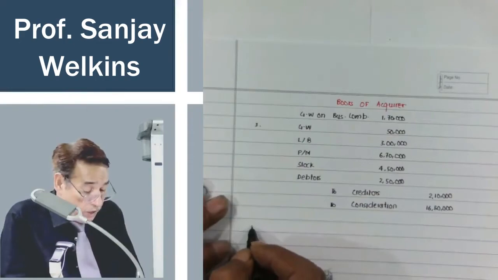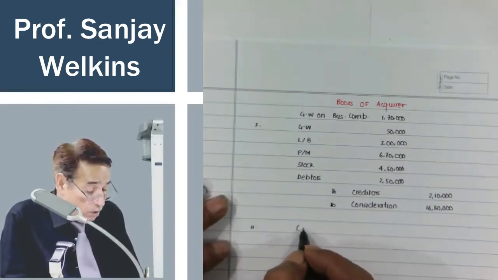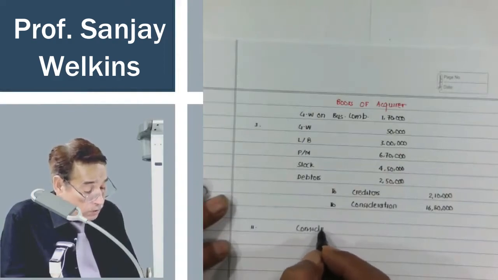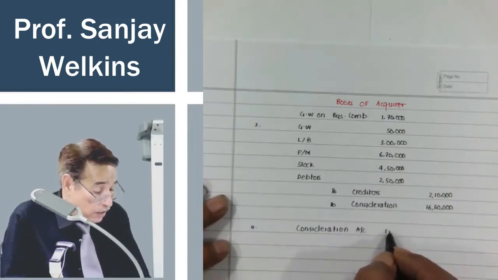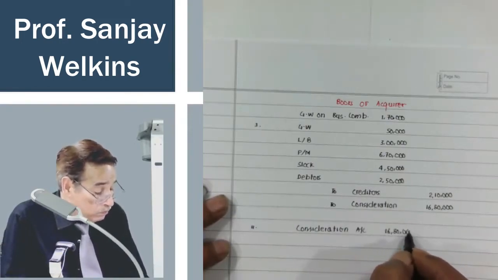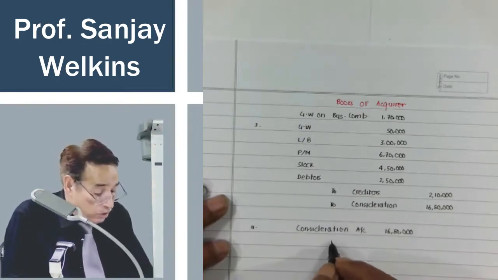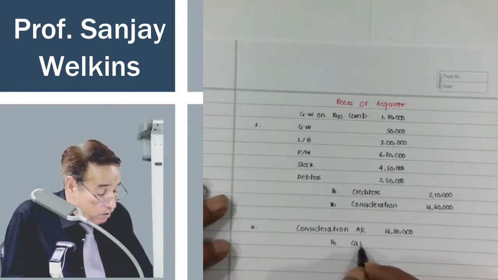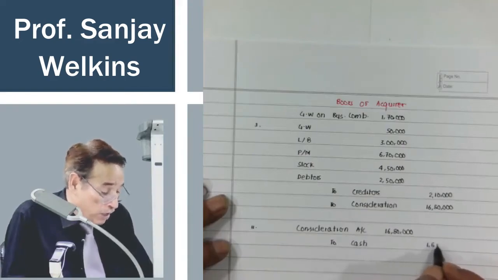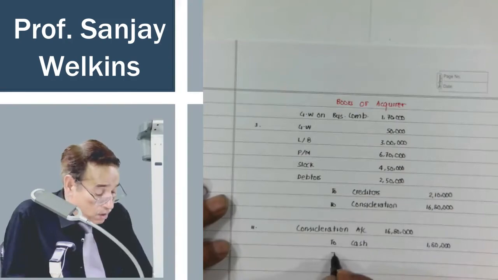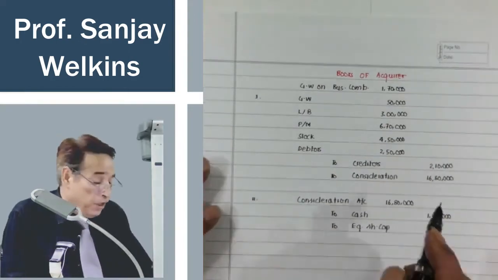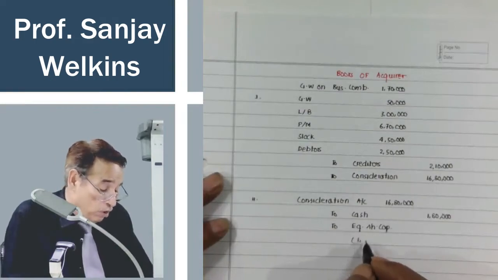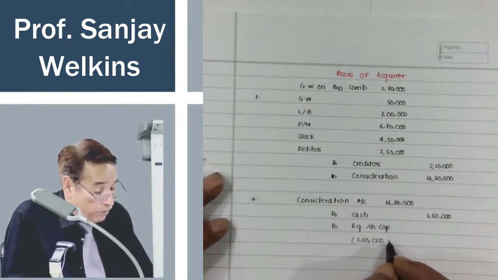Now we will pass the entry for payment of consideration. The entry will be consideration account debit 16,80,000. Correct? And I am going to write here to cash, 1,80,000 worth of cash I am paying. I will write here to equity share capital. We are offering 1 lakh shares, because we are the issuer, and the issuer will have to reflect the nominal value and premium value separately.